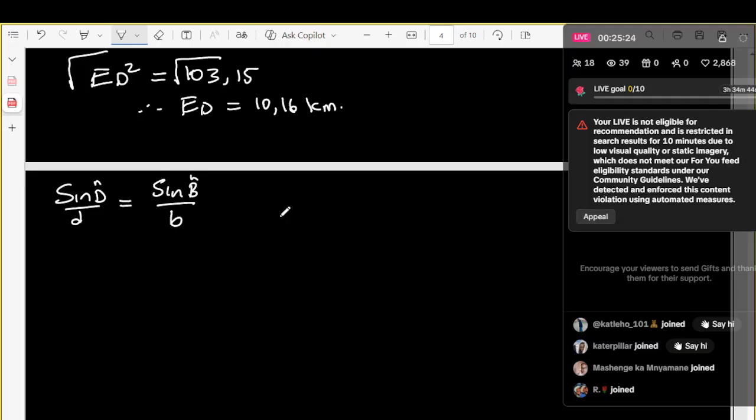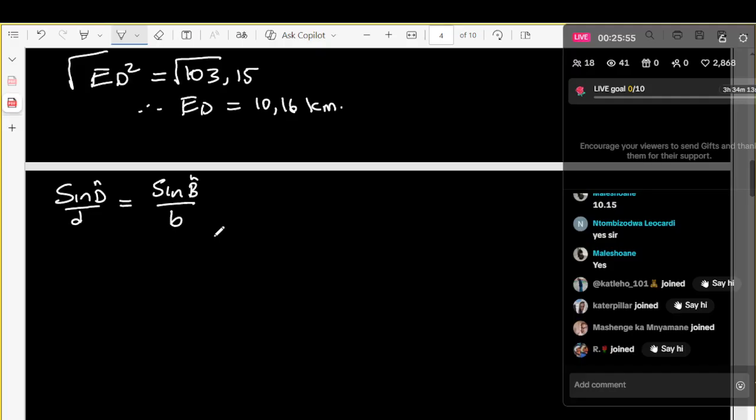Now what we're going to do is substitute. Sine angle D is what we are looking for, and the side that is opposite to it is 7.1. So I have the sine of angle D on top, everything divided by small d, which is 7.1.